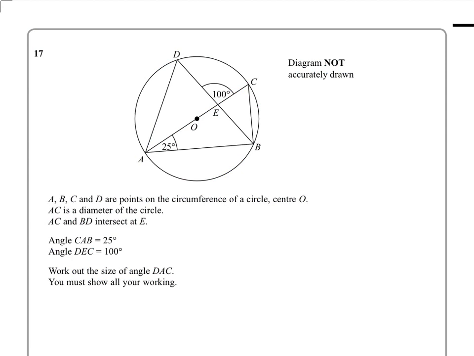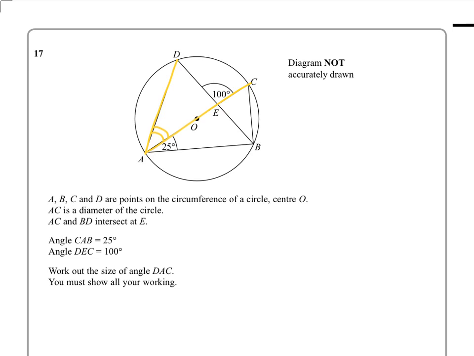Right, so in this question, you've got A, B, C and D are points on the circumference of a circle, and you're given two angles, and you've got to work out the size of angle DAC. So D to A to C. So you want this angle here.